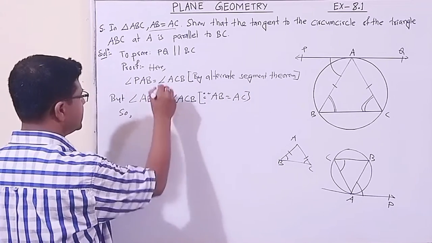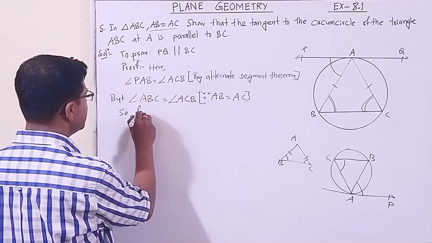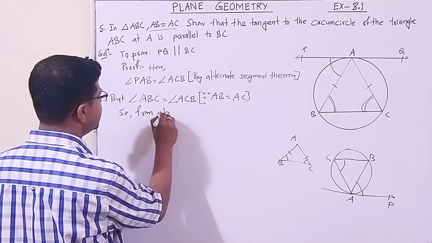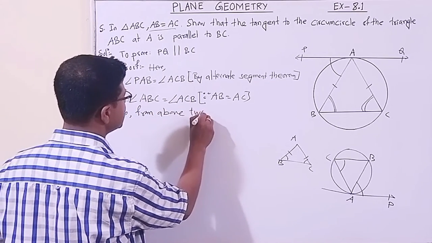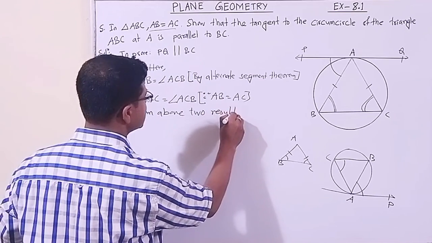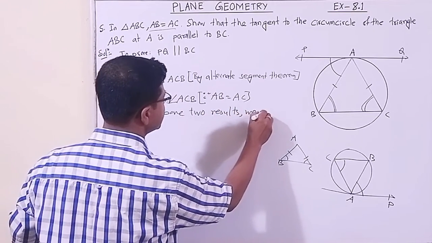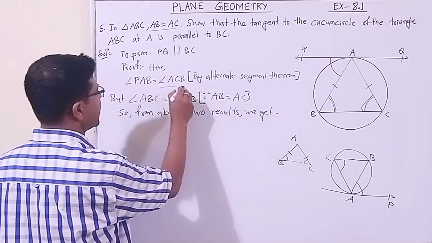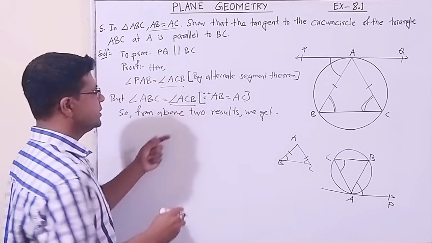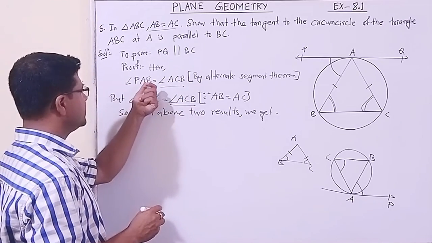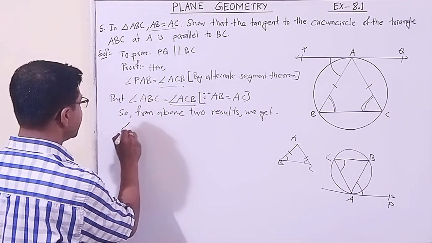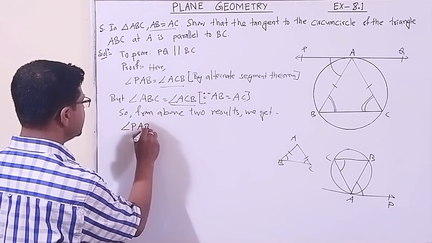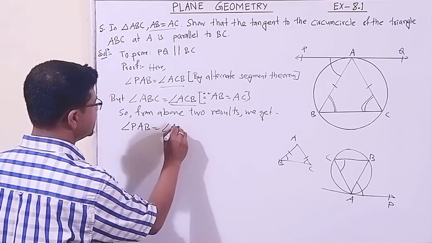So now let us compare these two. From the above two results we get, you see my dear students, angle ACB is this one, and angle ACB is also equal to this one. So we can write therefore this equal to this. We get angle PAB equal to angle ABC.